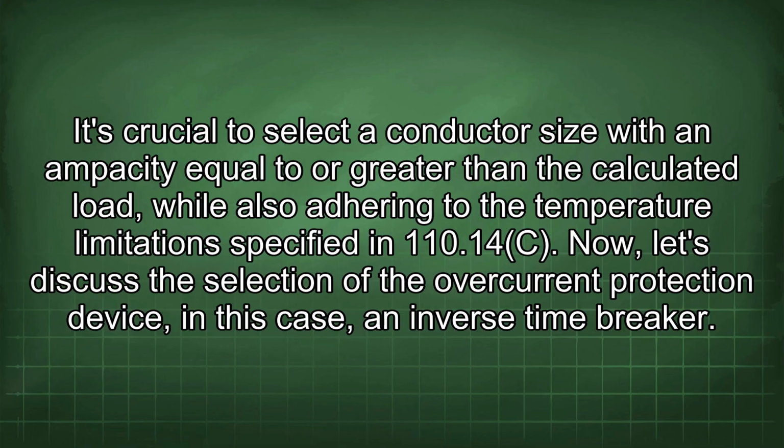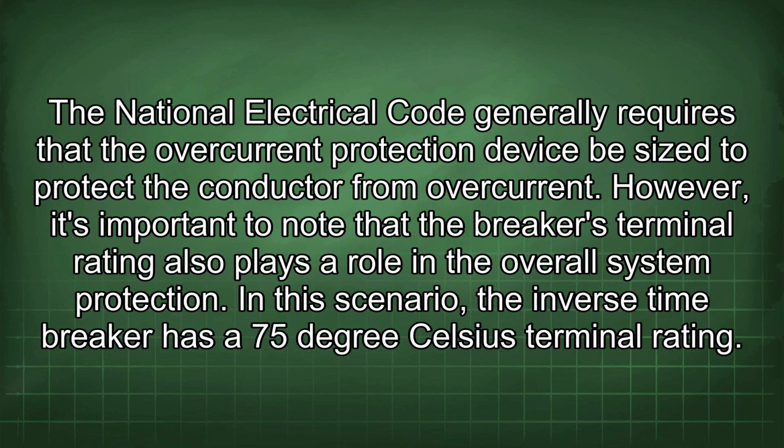Now let's discuss the selection of the overcurrent protection device, in this case an inverse time breaker. The National Electrical Code generally requires that the overcurrent protection device be sized to protect the conductor from overcurrent. However, it's important to note that the breaker's terminal rating also plays a role in the overall system protection. In this scenario, the inverse time breaker has a 75°C terminal rating.